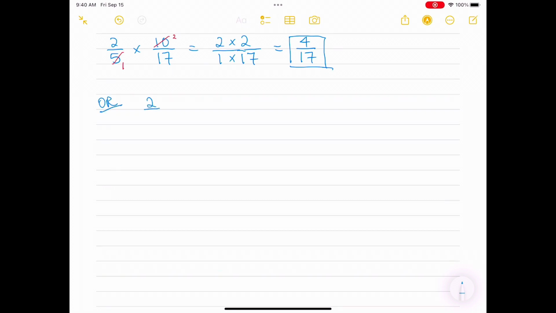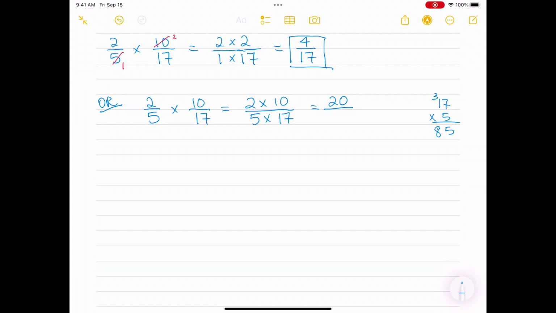Or we can also just multiply those fractions straight across and simplify afterwards. So we have 2/5 times 10/17. Multiply the numerators across to get 2 times 10, and the denominators across to get 5 times 17. The numerator will be 20, and I do the calculation for 17 times 5 on the side to get 85.